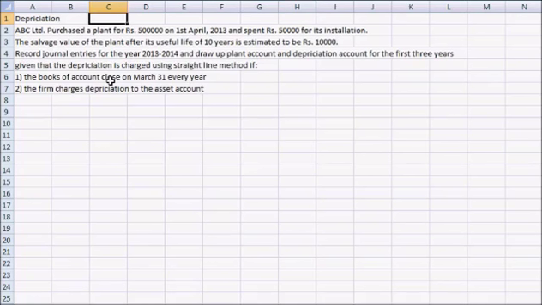For this, we'll use a question. On the basis of this question, we'll further calculate the things. So we'll begin with the calculation now. The first step we'll take is to calculate the depreciation.